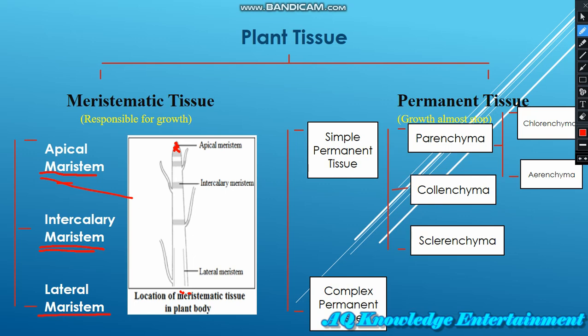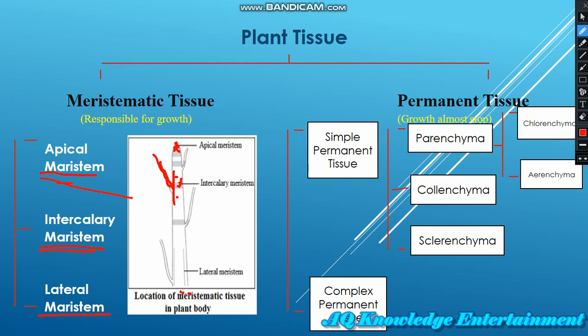Where is the intercalary meristem present? Let me tell you. The intercalary meristem is the meristem at the base of the leaves or internodes on either side of the node on the twigs. Here you can see these are the ones which come out of the main plant. This is the main plant, and this comes out right here.